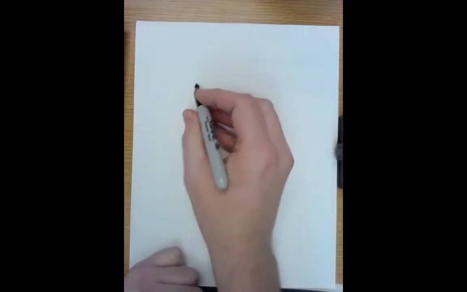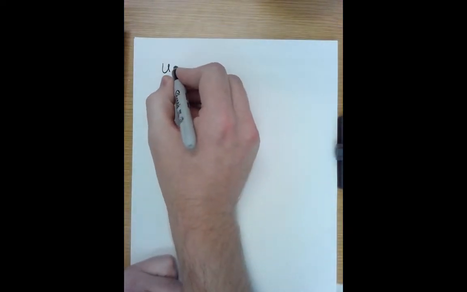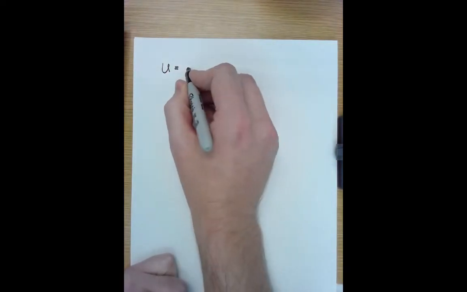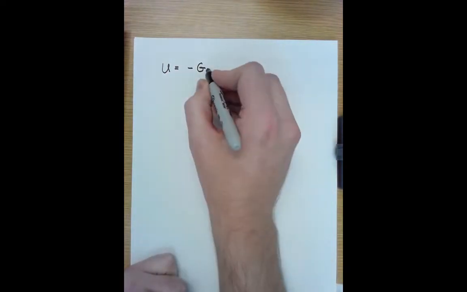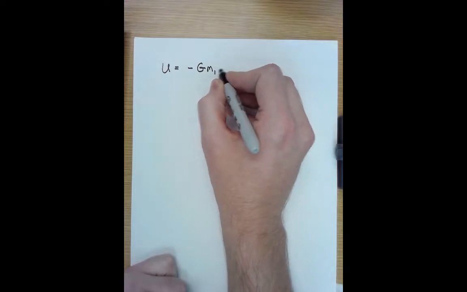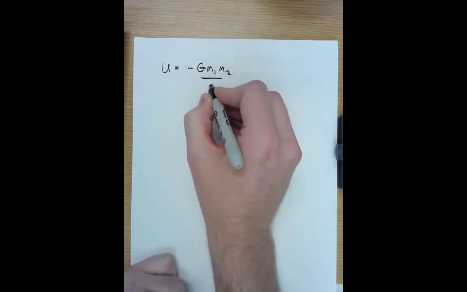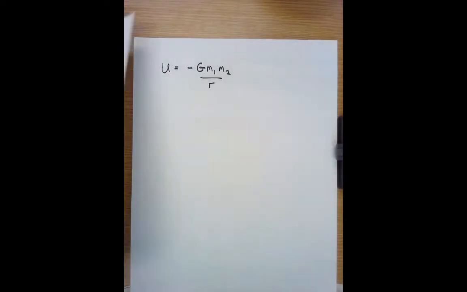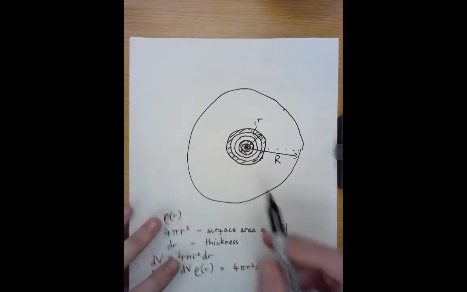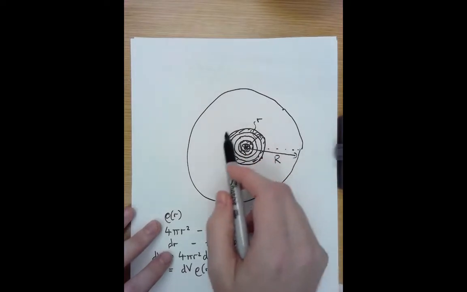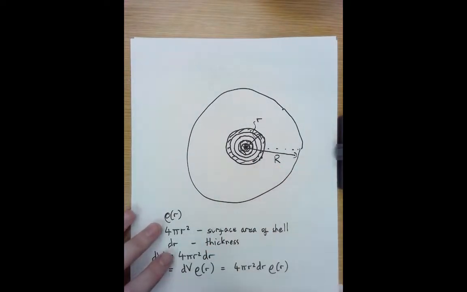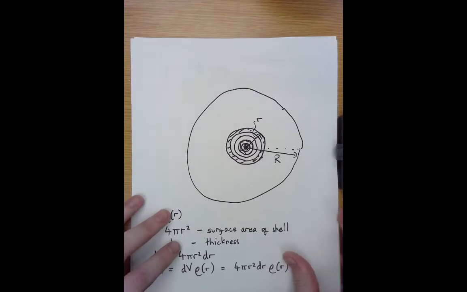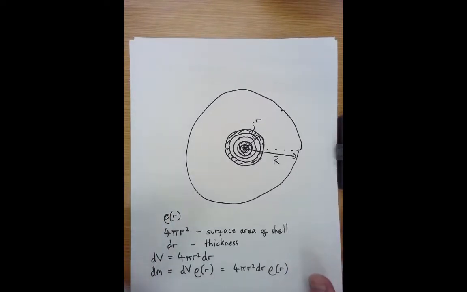Now, we know from Newton's law of gravity that the gravitational potential energy of two point masses is equal to minus Newton's gravitational constant times the mass of one object times the mass of the second object divided by the separation r between them. And it turns out that if you are outside of a spherical body of matter, then that spherical body of matter behaves like a point mass concentrated in the center.